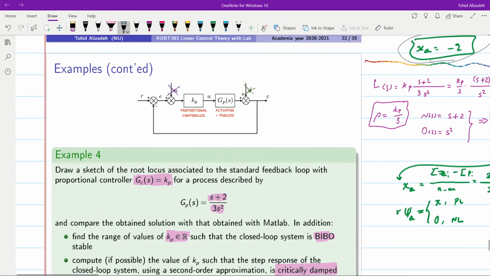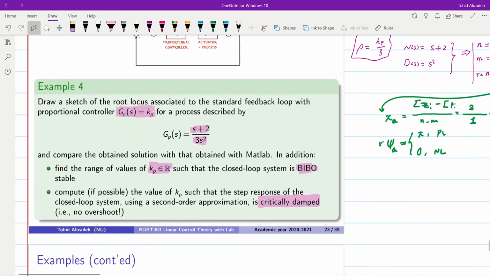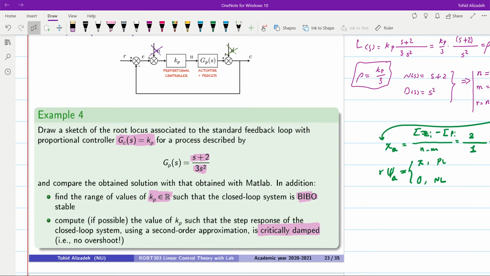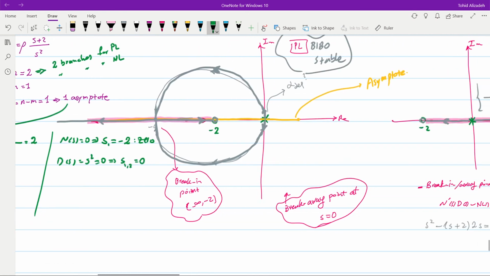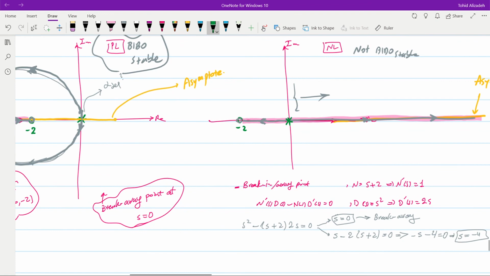The next point is to check whether our system could be critically damped. In the case of critically damped systems, if you remember, we have two poles at the same location on the left half plane. If you look at our graphs, it's not possible to have it with the negative locus.